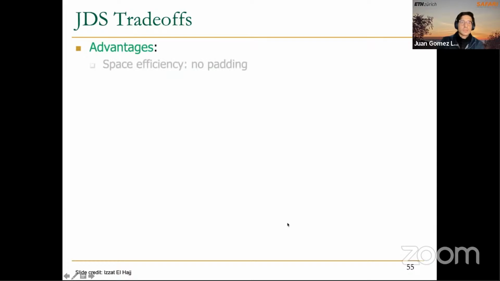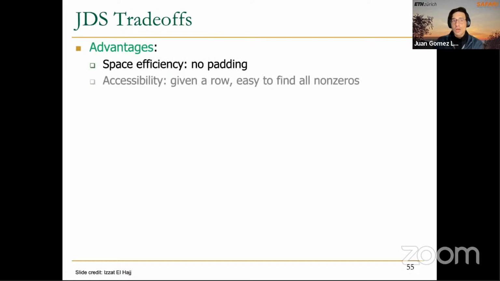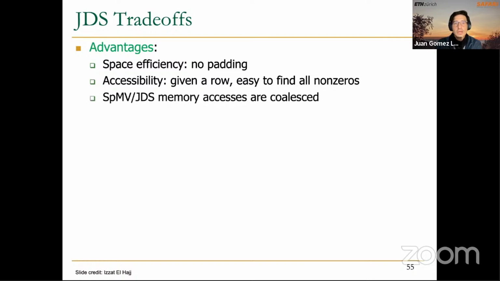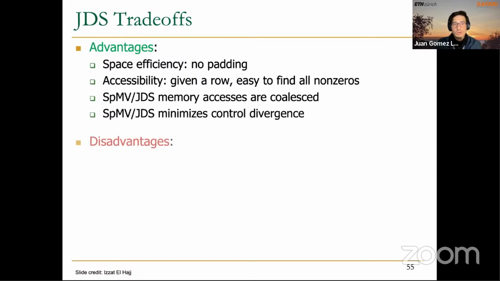So, trade-offs. Advantages: it's good in terms of space efficiency because there is no padding. It's accessible for a row when we are looking for the non-zero elements of a row. The memory accesses are coalesced, and we have also seen that we minimize the control divergence. However, it also has some disadvantages.